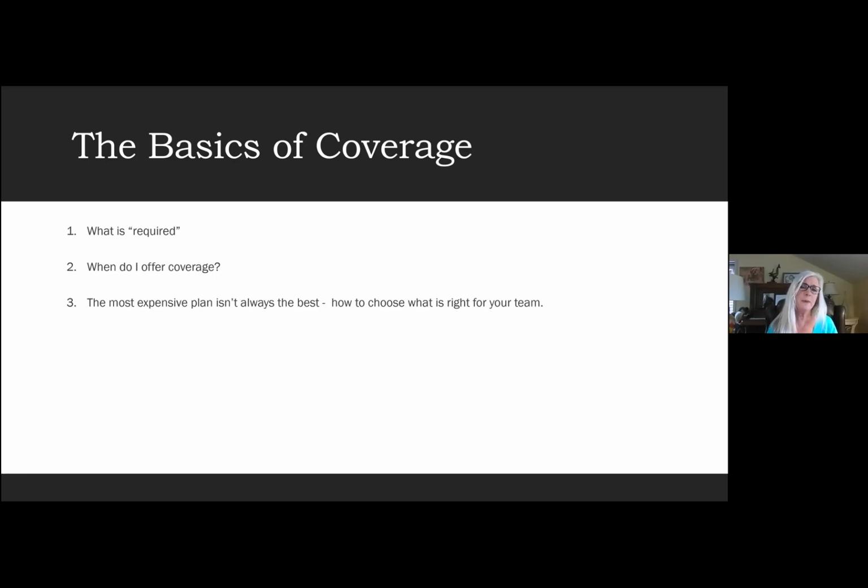Also, the most expensive plan isn't always the best. We could design a benefit package that has a high deductible health plan that the employer's paying for, and it's a lower cost. And then you could allow employees to buy up additional coverages. How you choose the right benefit for your team can be done by, first of all, asking them, what types of coverages do you want?